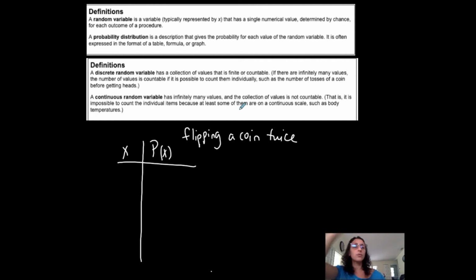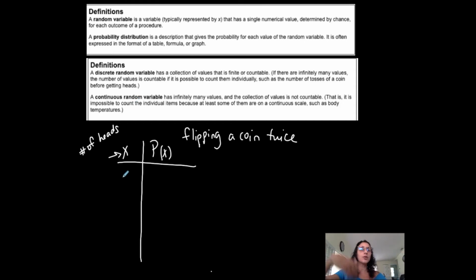Okay? So the procedure is flipping a coin twice, flip, flip. X, the random variable in this case, I always want to know what the random variable represents, and in this case it represents the number of heads that I get when I flip a coin twice. So what are all the possible outcomes? How many different heads can I get if I flip a coin twice?